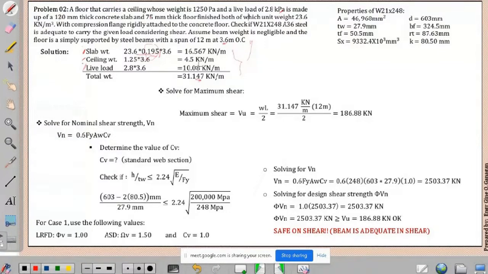Okay? So for the maximum shear, once you get the total load, we have a simple beam like this. This is our W, our total weight.